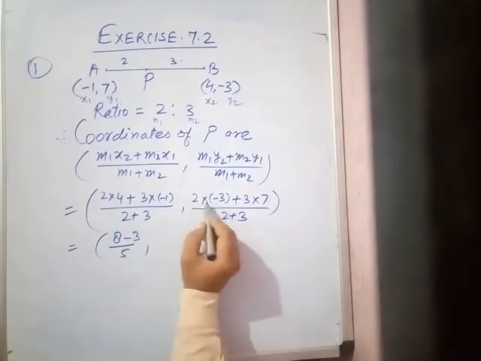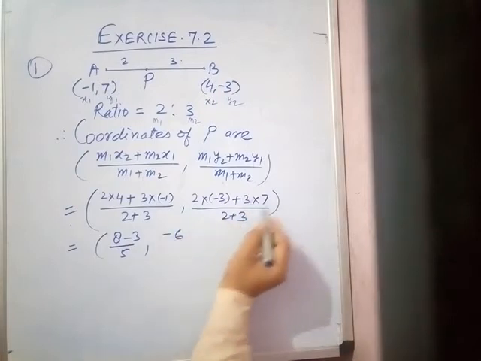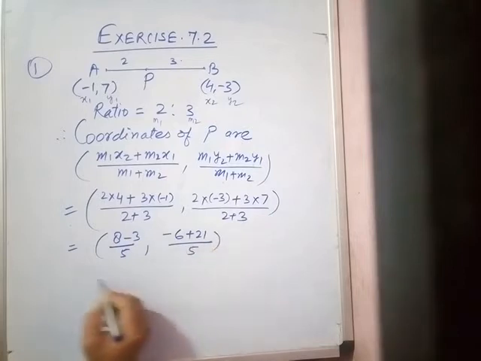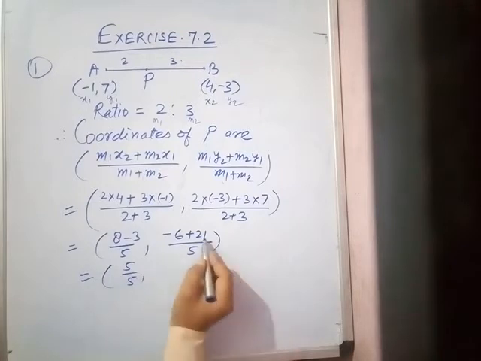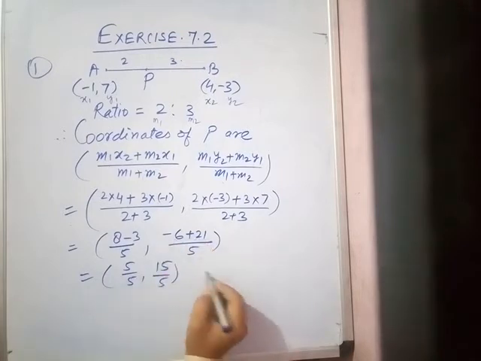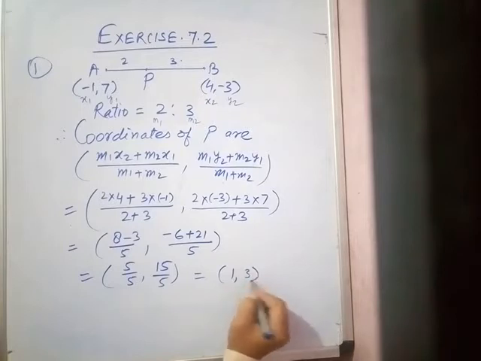Now here in the y coordinate, 2 into minus 3, that is minus 6, and 7 into 3, that is 21, divided by 5. So 8 minus 3 is 5, so it becomes 5 by 5, and 21 minus 6 is 15 upon 5. So by solving this, we get 1 comma 3.